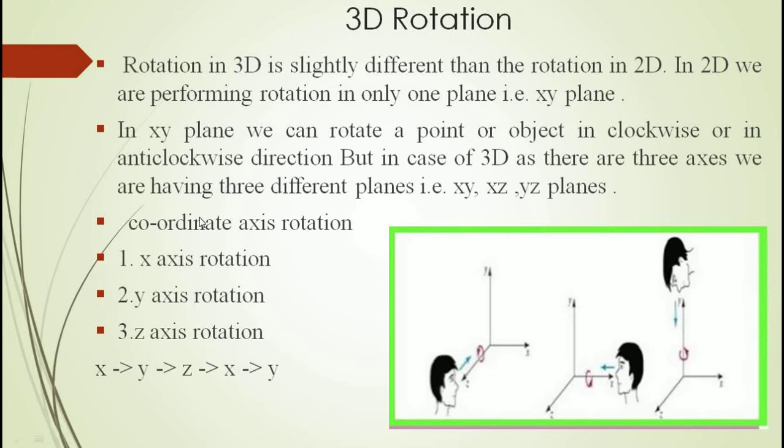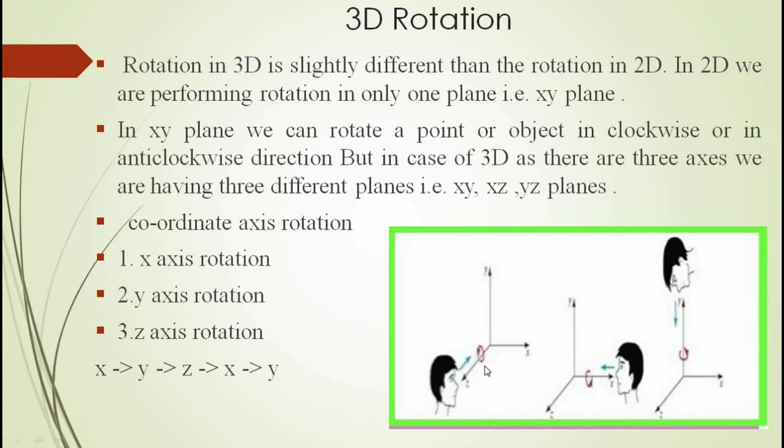So here is the coordinate axis rotation. The first one is the X axis rotation, then the Y axis rotation, then the Z axis rotation. See here in the first image, this is the Z axis and the viewer is looking towards the origin.